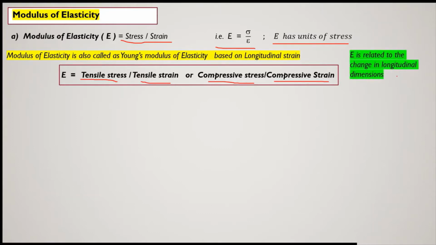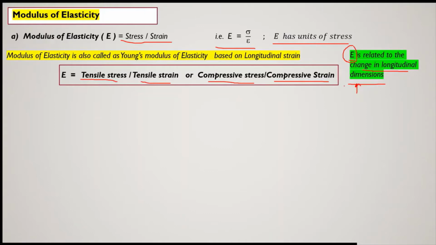Here we have to notice that modulus of elasticity is related to change in longitudinal dimension. That means how much change there will be in the longitudinal dimension, how much longitudinal strain, directly depends upon the property of elasticity, and that is modulus of elasticity.